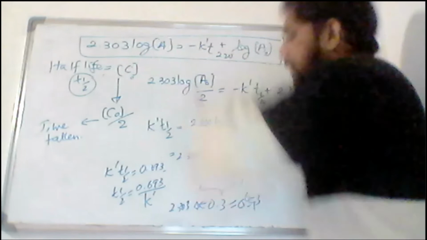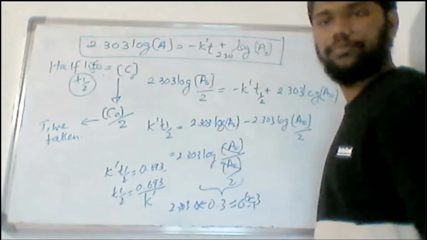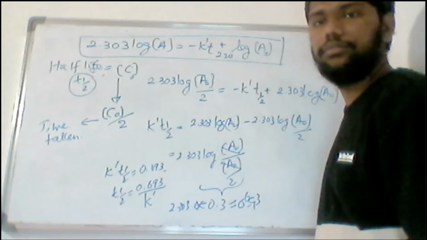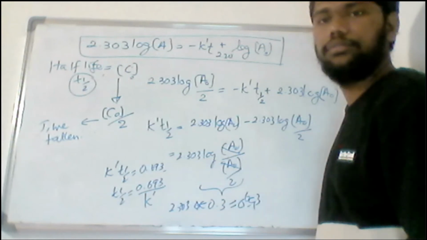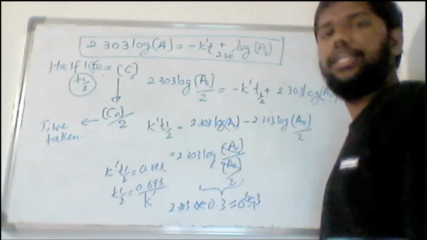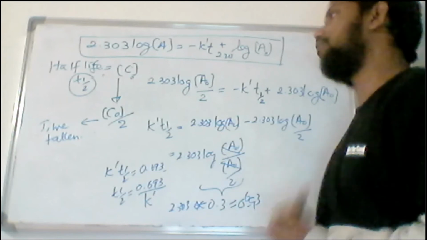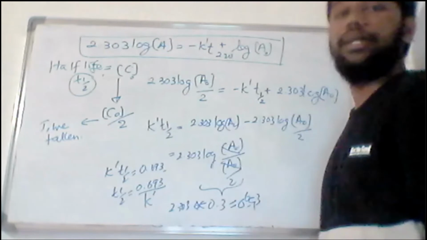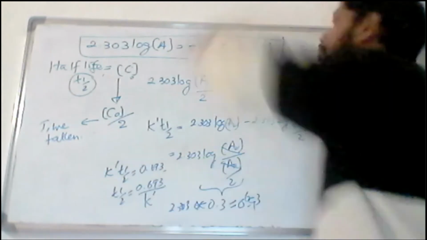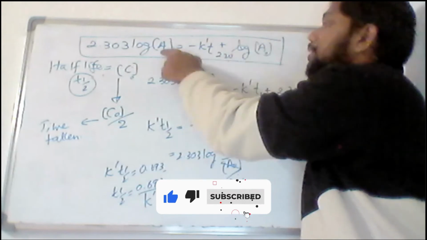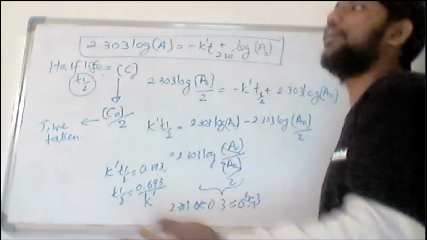Did you understand this process? The first point you need to understand is what half-life is. Half-life is the concentration becoming half. According to this information, this is the initial concentration, and this is the concentration after a certain period of time.